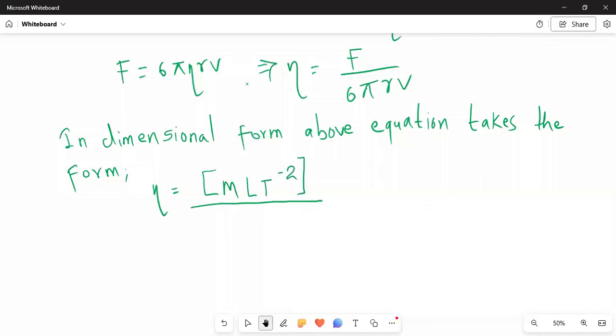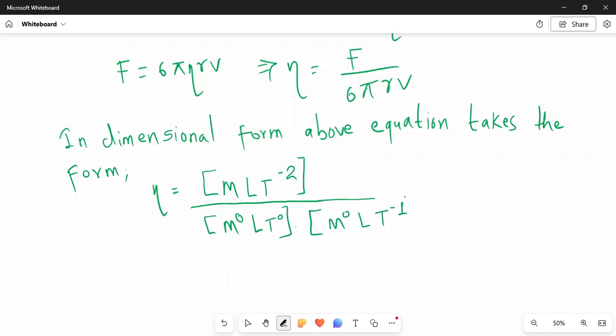As 6 is a number, it does not have any dimensional formula, and pi is also a number whose value is 22 upon 7, so it is also a pure number and does not have any dimension. Now it remains for the dimensions of r and v. As r is the radius of the spherical drop, r means length, so we can write M^0 L T^0 for r, and v is terminal velocity, whose dimensional formula is the same as velocity, distance upon time, so M^0 L T^-1.